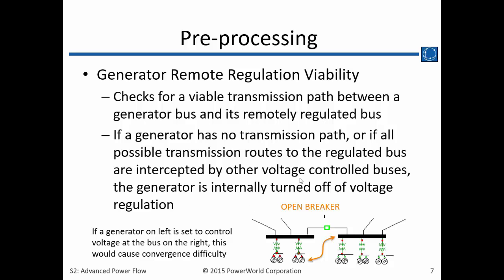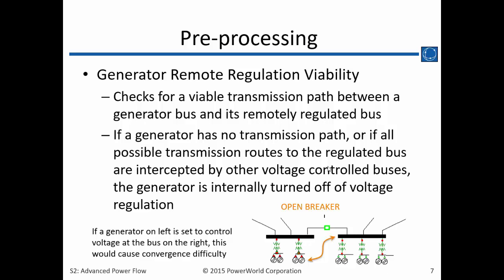First of all, that's a long path, which means it would take a lot more VARs to regulate voltage. And secondly, there's more than likely other regulated buses that it would encounter along the way. And you cannot cross a bus that's being regulated by another generator in that path, or this generator has no way to regulate this bus.